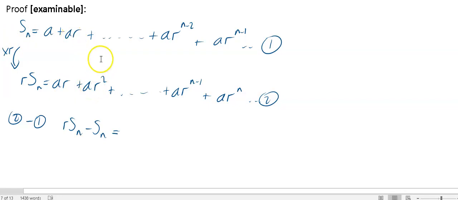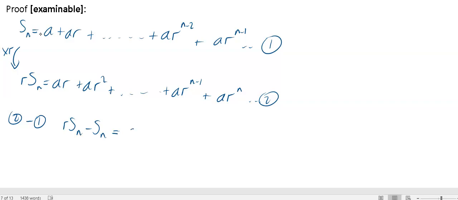This term would be cancelled out when you subtract what would have been here, and so on. So what you're going to be left with is this very last term, ar to the n, and also minus the a. So if you subtract, you're going to be left with ar to the n minus a.